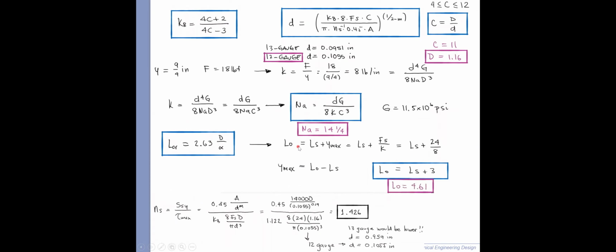And L naught, as we already found, equals LS, the solid length, plus 3. And L naught equals 4.61.